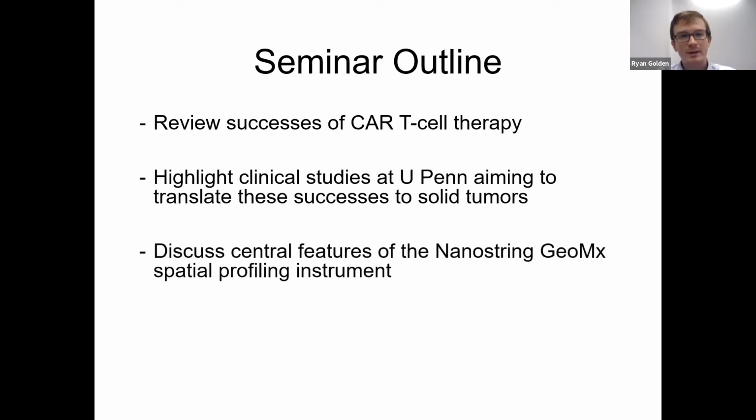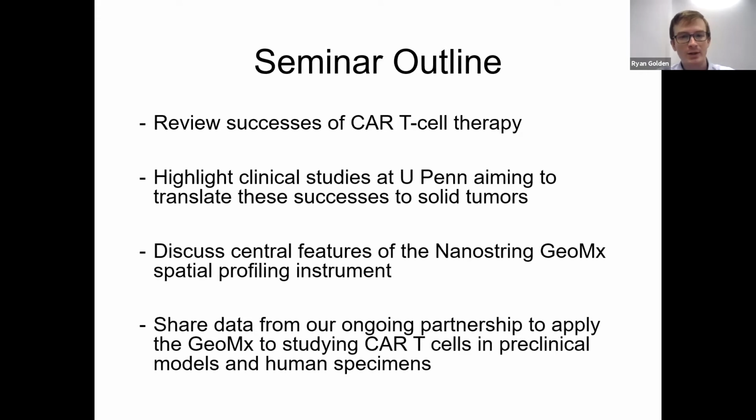Then we want to talk about the central features of the NanoString GeoMx and how we think it could be very helpful to accomplish that goal. And lastly, we want to share some of our data from the ongoing partnership between NanoString and our group.